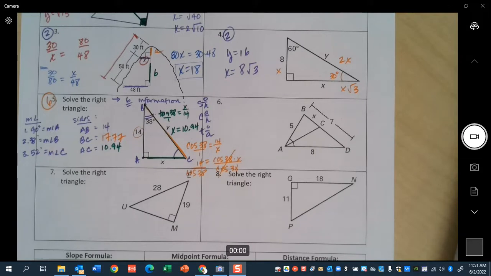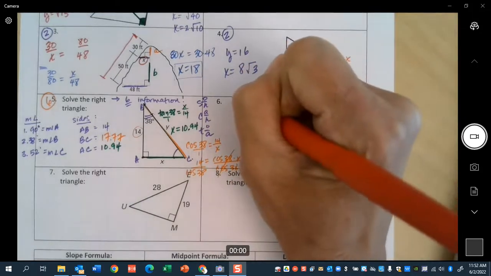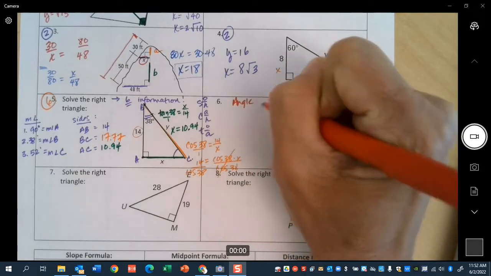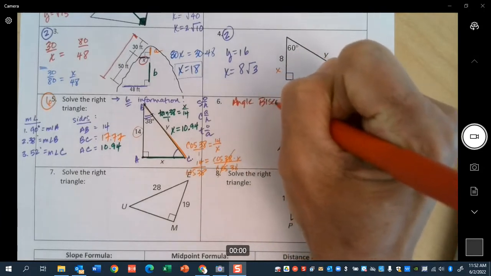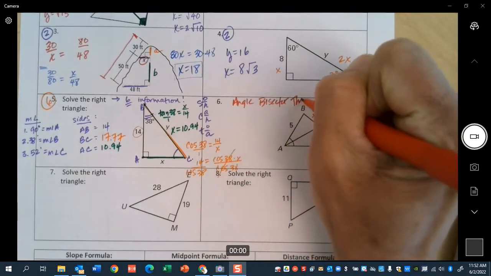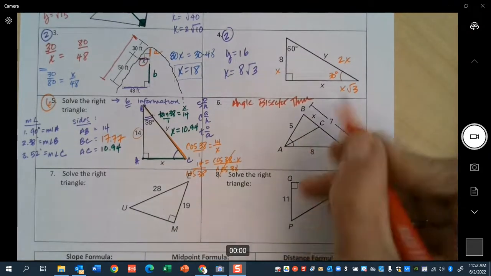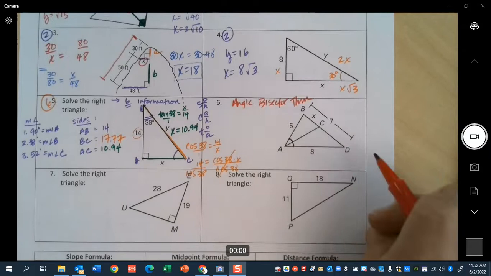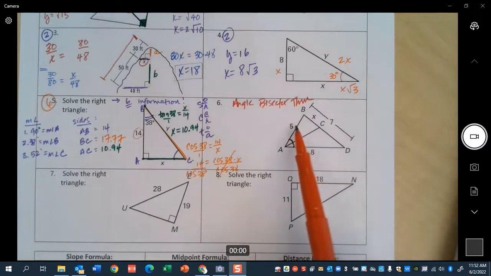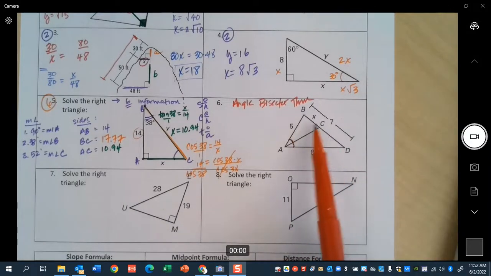Number 6 represents the one thing that everybody always forgets, and that is your angle bisector theorem. And that is the fact that if this angle is bisected, which it is, it's going to divide this opposite side proportionally.